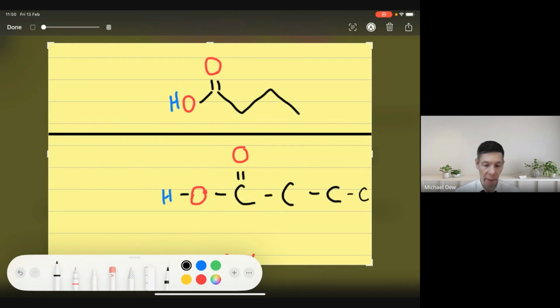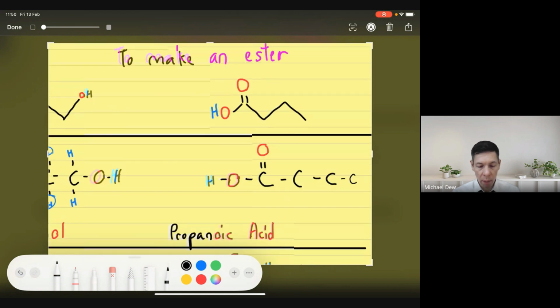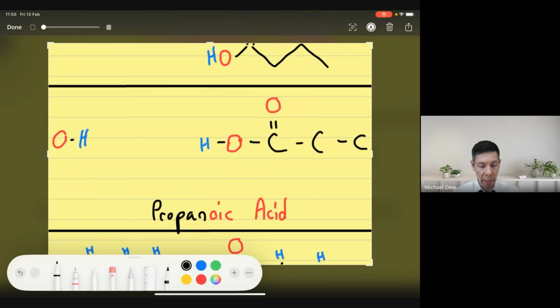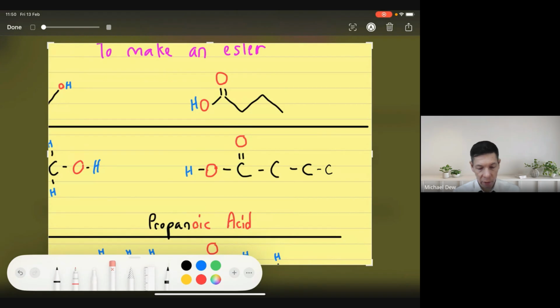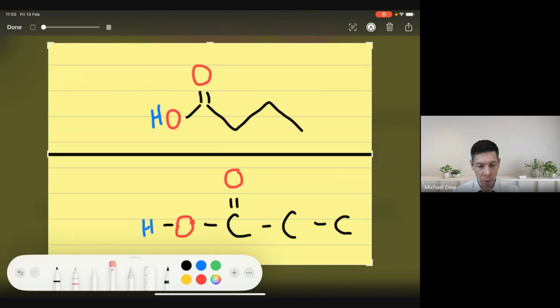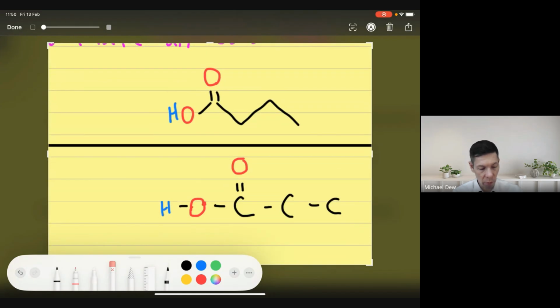Good, so now we have 4 carbons. All right, now if you want it to be propanoic acid, we need 3. So to correct this, we would simply remove that carbon, but then at the top we've got 4 carbons, so we need to remove 1. So count, we have 1 carbon here, 2, and 3.